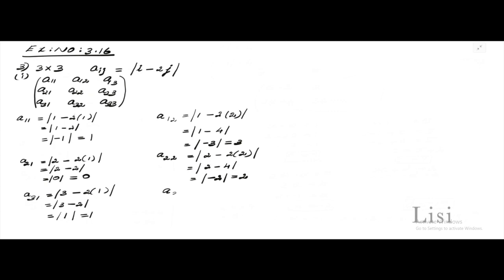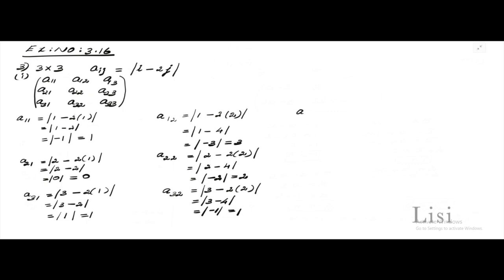A32 is equal to determinant of i minus, i is 3, that's why I am writing, 2 into j is 2. Determinant of 3 minus 2 into 2 is 4. The difference between 3 and 4 is 1. The greater one is 4, so minus. The determinant of minus 1 is 1.